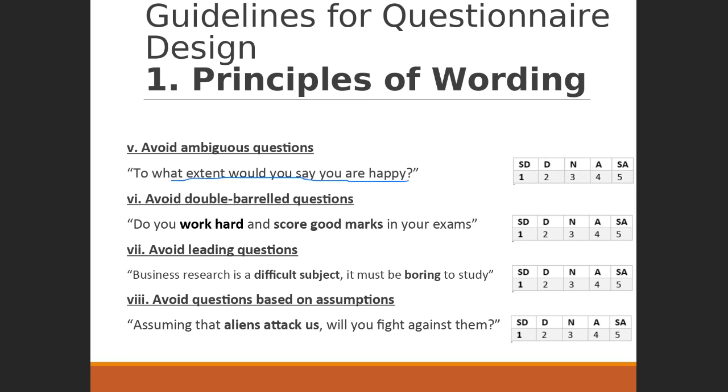Now, this is an ambiguous question because it is difficult for respondents to decide whether the question refers to their state of happiness in the workplace, at home, or in life in general. Thus responses to ambiguous questions have built-in bias, as different respondents perceive them differently. So you should not ask ambiguous questions.